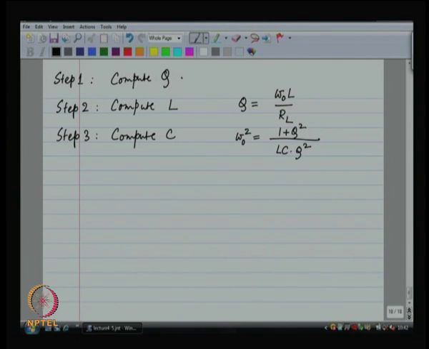C is going to follow this equation. You know L, Q and omega naught. So, you figure out what C is.